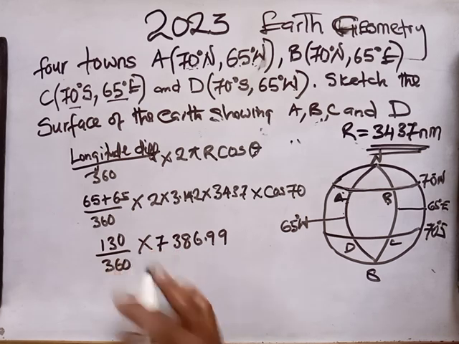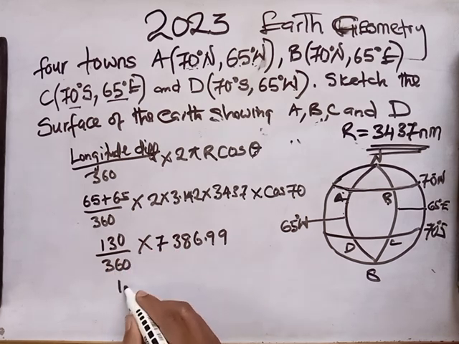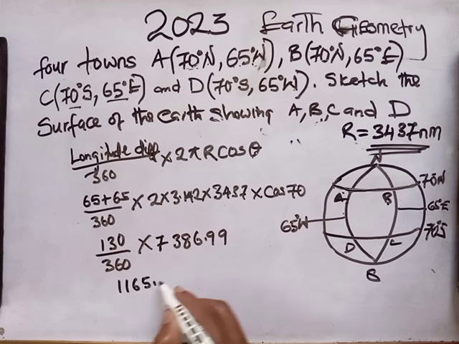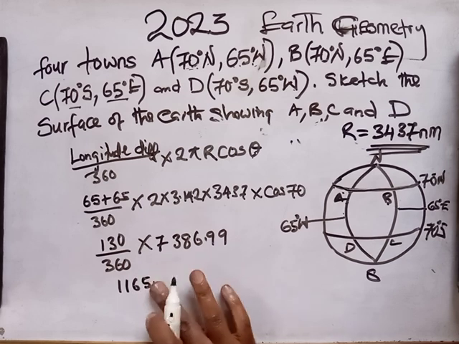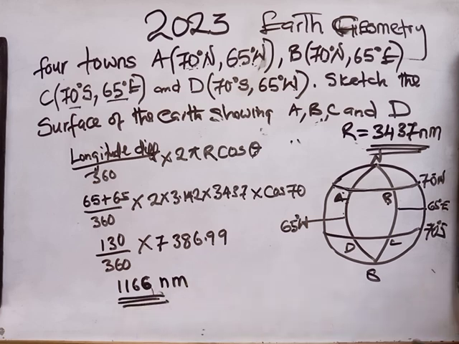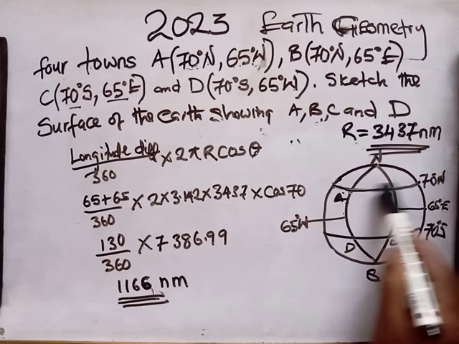This times cos 70 will be equal to 1,165.9. Rounding off, this is 1,166 nautical miles, and you are done with the distance from A to B.